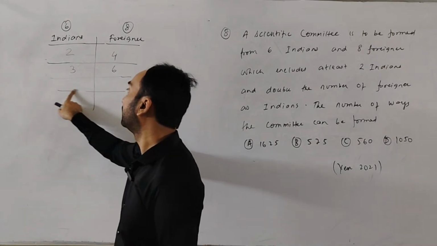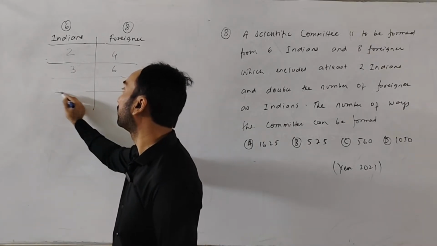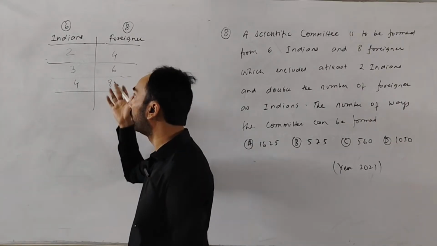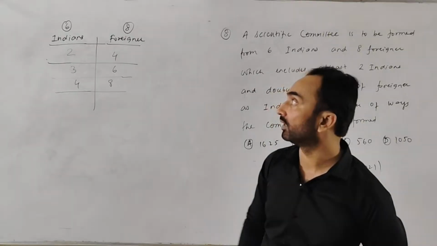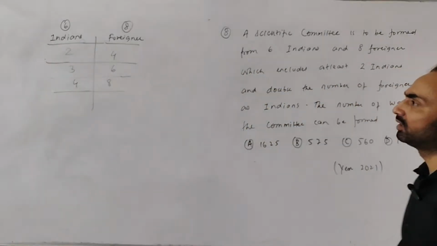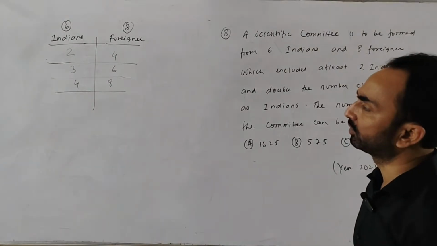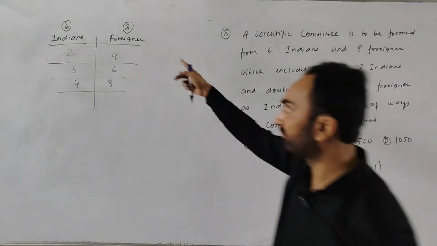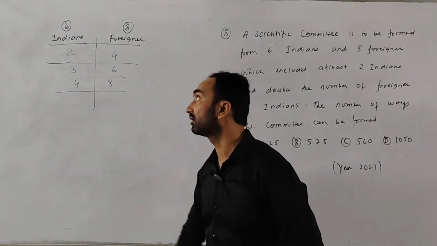And if I choose 4 Indians, then all 8 foreigners will become part of that scientific team. No other case is possible, because if I choose 5 Indians, we don't have 10 foreigners, so that condition is not available, right?